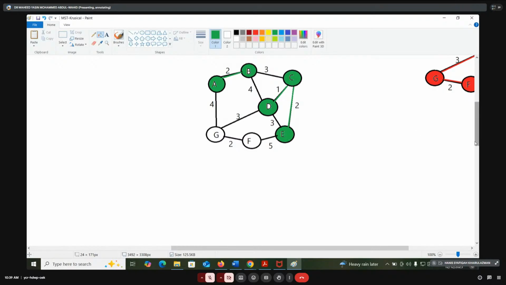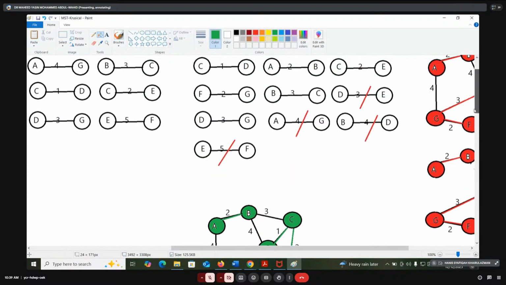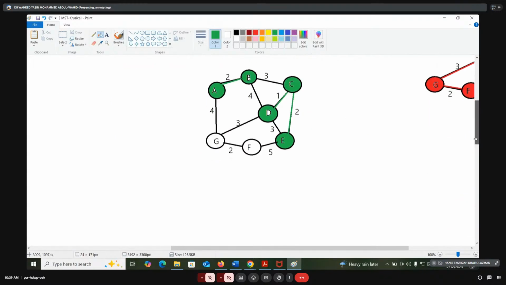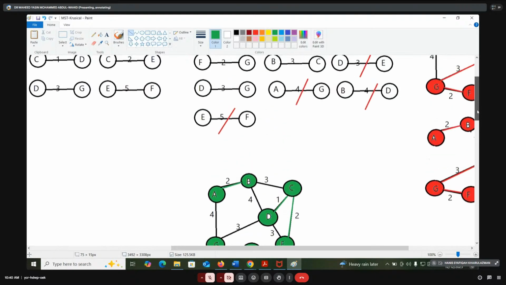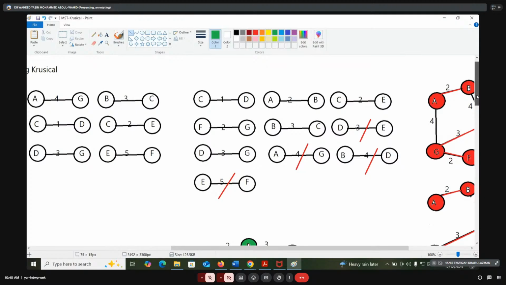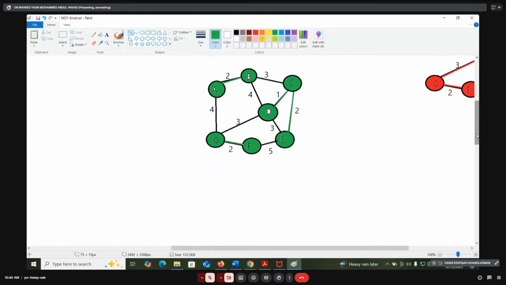Then CE, FG. Sort in non-decreasing order and ignore if there is a cycle. Okay, FG, BC.